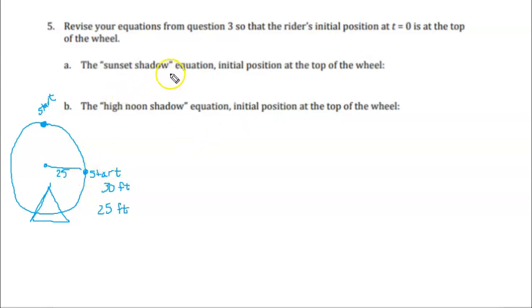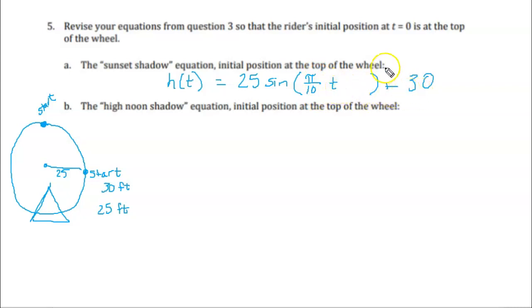All functions have an input and an output. So our original equation for this one is 25 times the sine of pi over 10 times t plus 30.